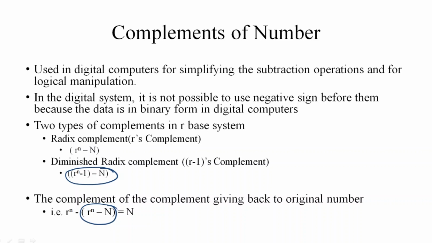This is R to the power n minus R to the power n plus N. These two cancel, so it is equal to N. This gives back the original number.